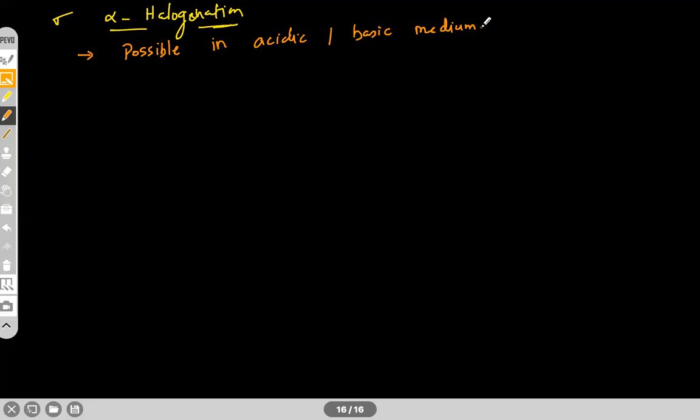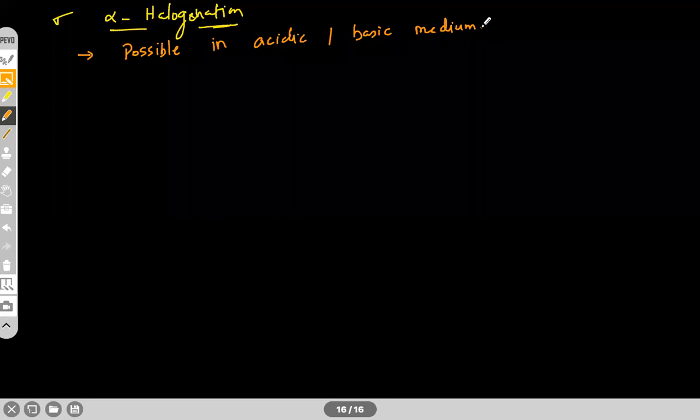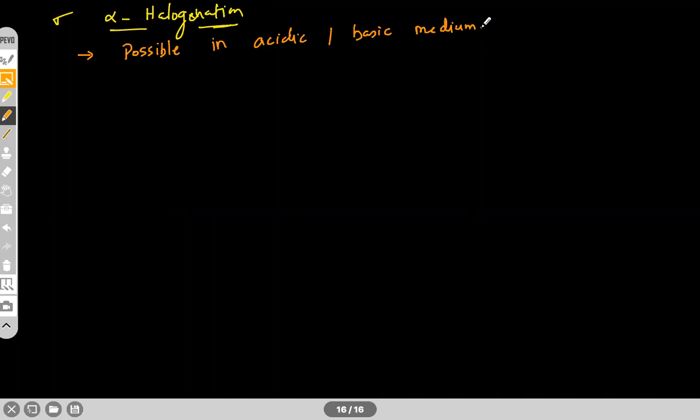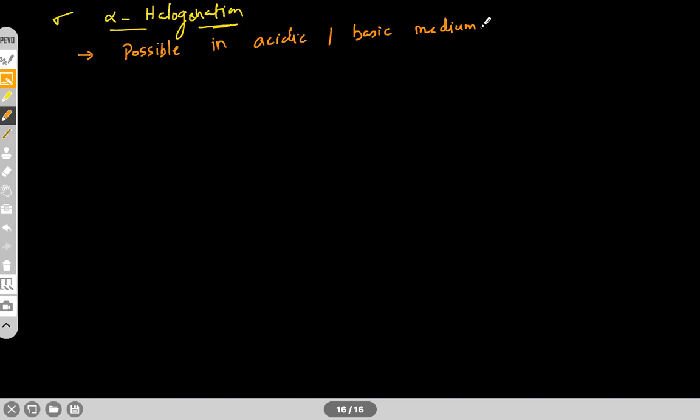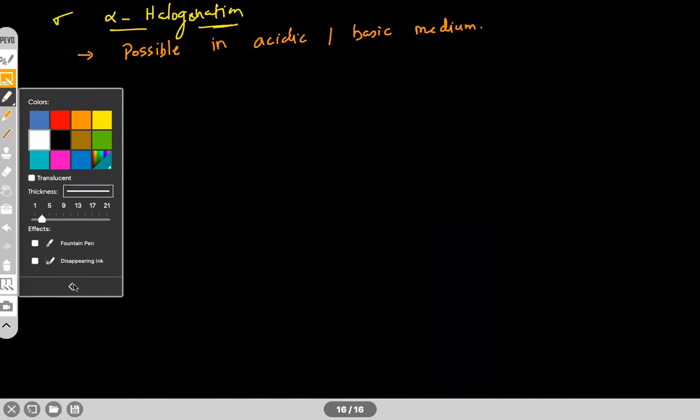So the basic medium reaction we have already seen, that is I2 with NaOH. Same mechanism we have here. So we are going to discuss here the mechanism of acidic medium.